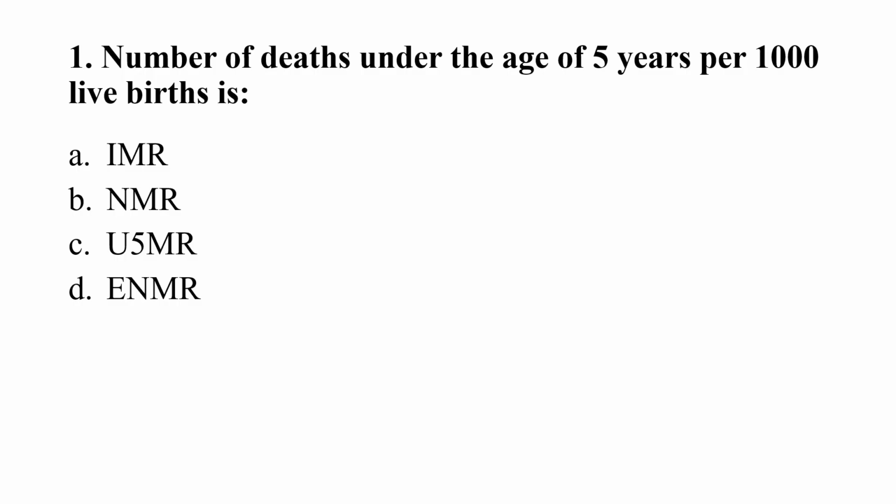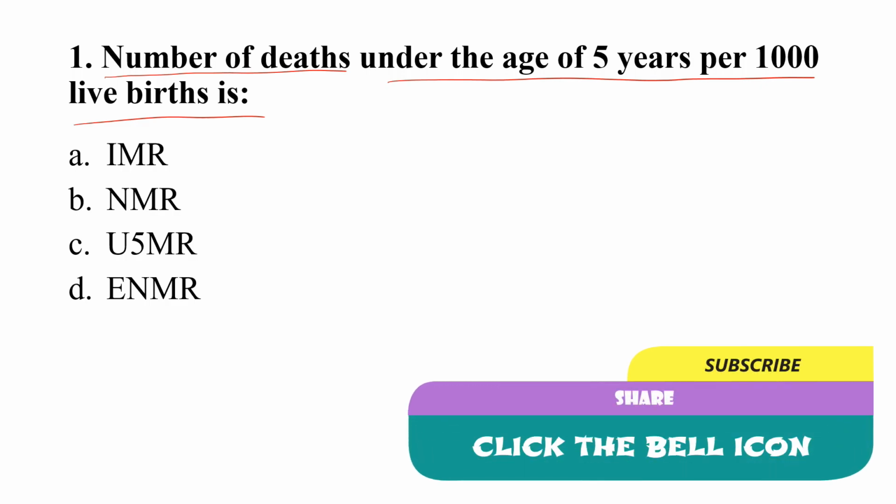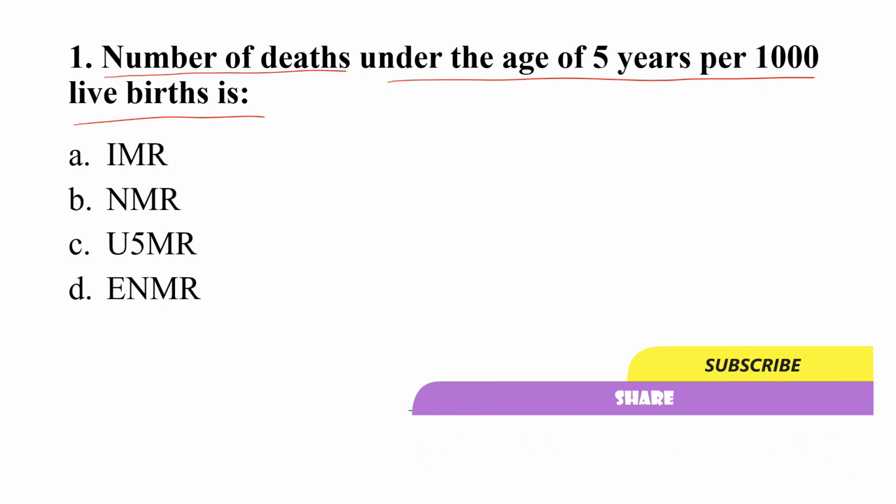Question number 1. Number of deaths under the age of 5 years per 1000 live births is option A, IMR, which is infant mortality rate, B, NMR, which is neonatal mortality rate, option C, U5MR, which is under 5 mortality rate, option D, ENMR, which is early neonatal mortality rate.